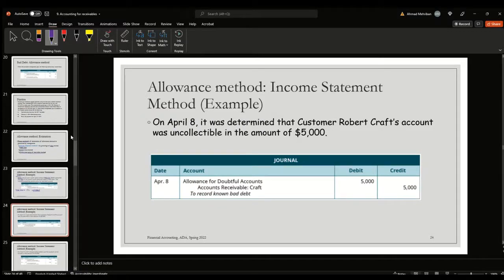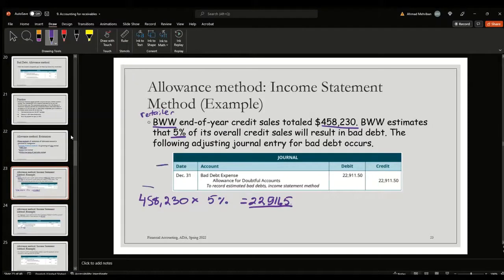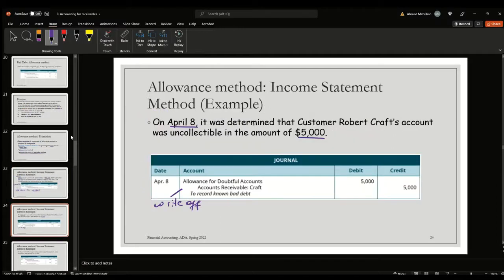Now, let's assume that on April 8, it was determined that the customer, Robert Kraft's account, was uncollectible in the amount of 5,000. As we know already, this is the write-off process. Yeah, we write it off. Not the direct write-off method; earlier, that was the estimation recording, whereas in this case we have already identified a specific amount of 5,000, and even the name of the account.